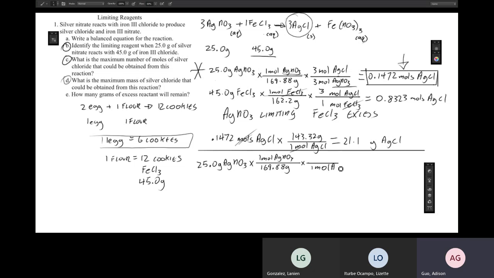So I want silver nitrate to be on the bottom so I can cancel it out. And on top, I want the iron chloride. Okay. Oh, sorry about that. I'm going to have to adjust these moles. We're going to use 3 moles for every one of these.